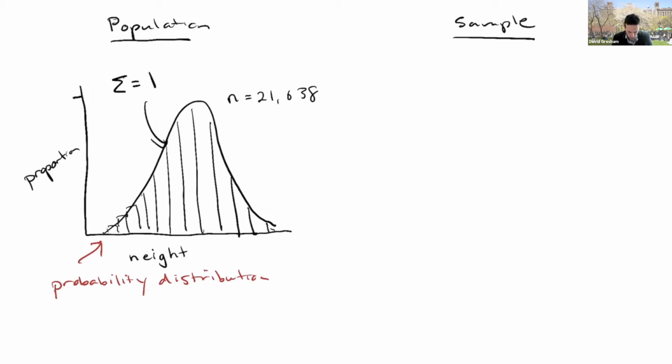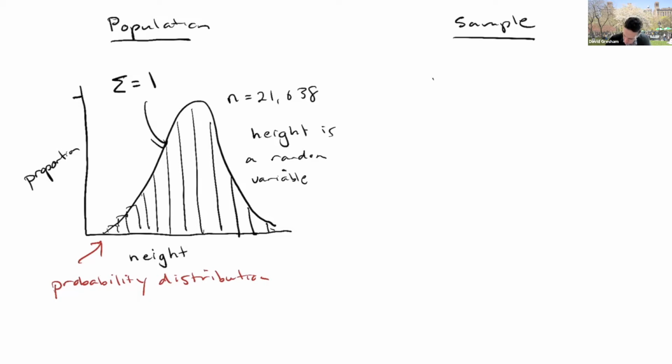Okay, and so the key point here is that in the terminology we're going to use, we're going to say that height is a random variable. And that is, it's a variable that we draw from this population if we randomly sample it, with probability defined by this probability distribution.